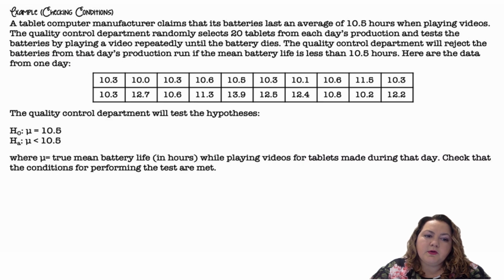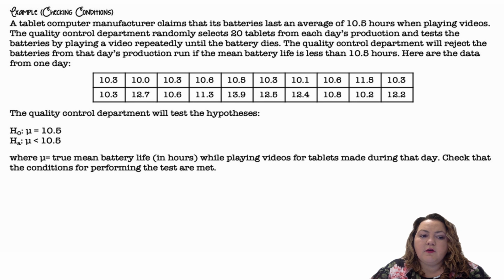All right, an example, checking the conditions. A tablet computer manufacturer claims that its batteries will last on average 10.5 hours when playing video. The quality control department randomly selects 20 tablets from each day's production and tests the batteries by playing a video repeatedly until the battery dies. The quality control department will reject the batteries from the day's production run if the mean battery life is less than 10.5 hours.